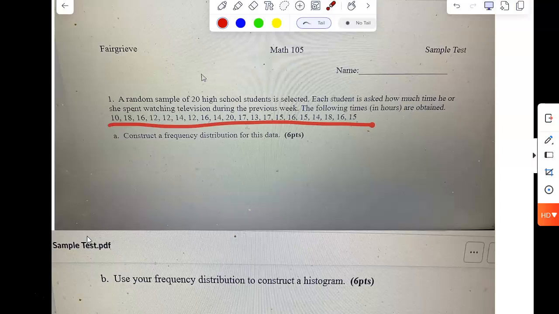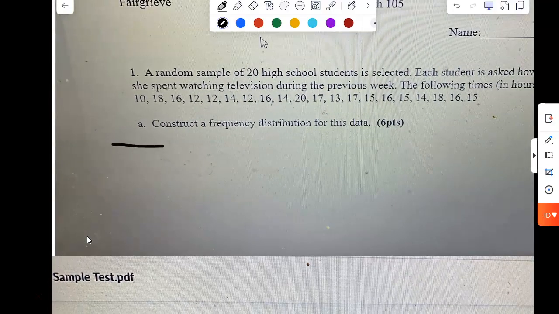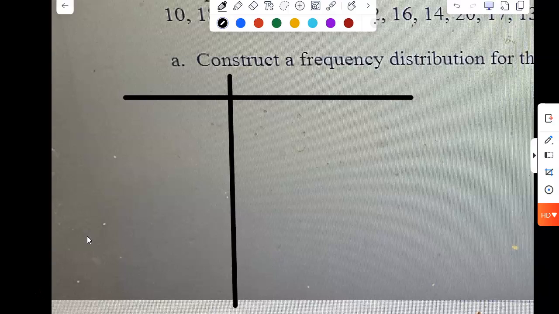Our entries here seem to range from 10 all the way up to 20. So when I make my chart here, my x values are going to range from 10 all the way up to 20.